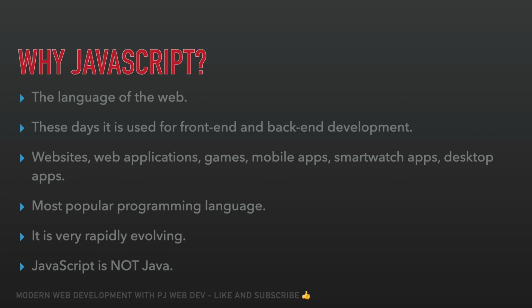One thing to remember though is JavaScript is not Java. Java is a completely different language. Java can also be used for the web, but Java is a much more complicated language, harder to learn and to use, and is mainly used by large corporations.